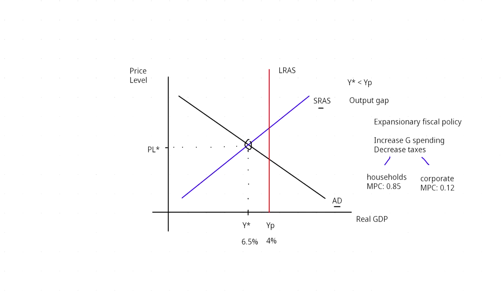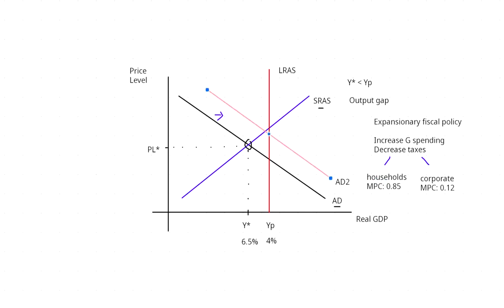Regardless of what you choose, the goal is to result in the aggregate demand curve shifting to the right and getting closer to this market equilibrium here, or this long-run macroeconomic equilibrium.